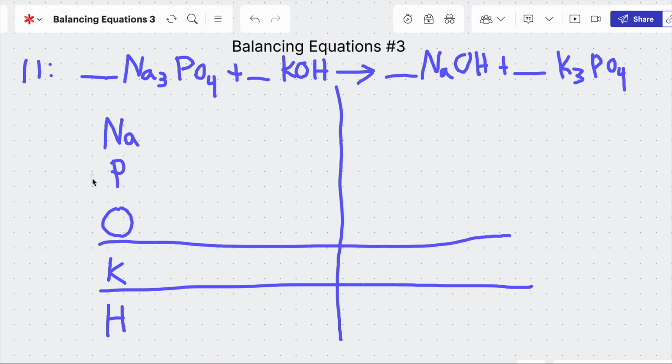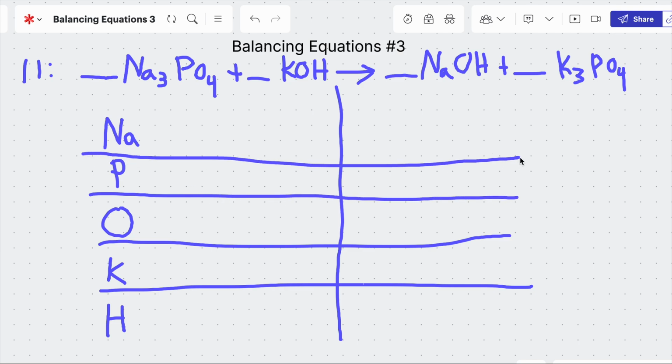All right. So, we got that. Awesome. Okay, now let's do our counting. Na, got that little 3 in front, so we got 3 right there. P does not have a number in front, so that's just at 1. O, got that 4, that's at 4. K's, no number in front, so that's just a 1.